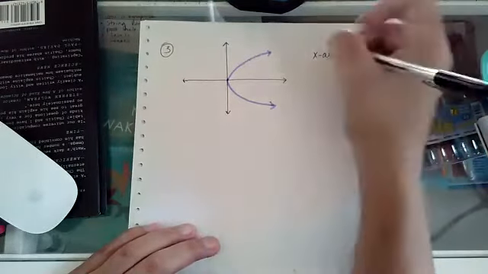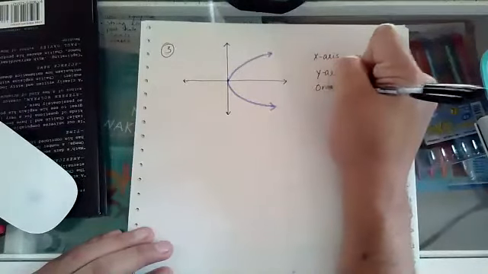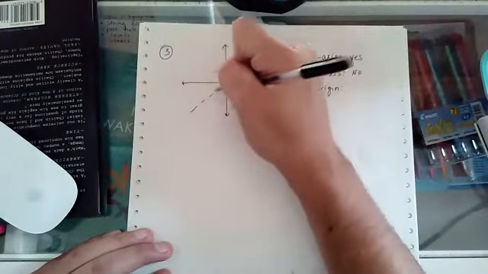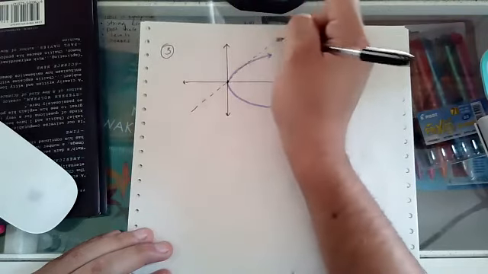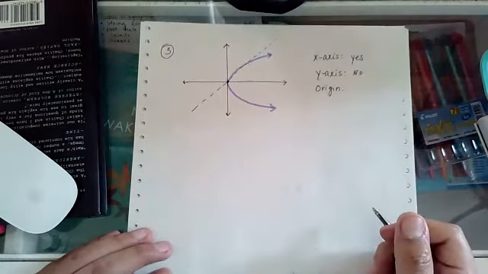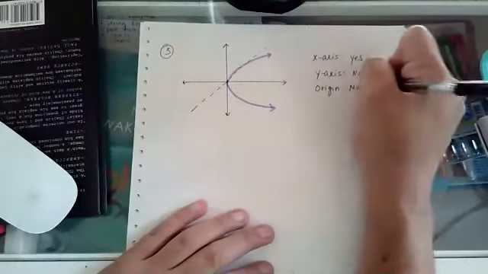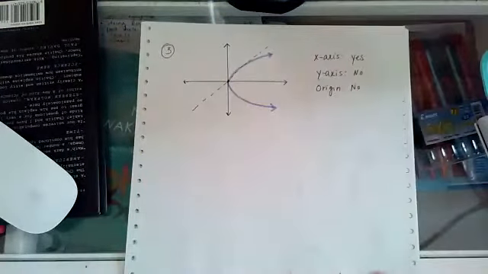What about the y-axis? If you folded it across the y-axis, would it fall perfectly onto itself? No. And that's because there's not any graph over here. So if you folded it across the y-axis, it would fall onto nothing. What about the origin? Remember, symmetry across the origin is symmetry across this diagonal. So if I were to flip this across the diagonal, it wouldn't fall onto anything. So it's not symmetric across the origin.